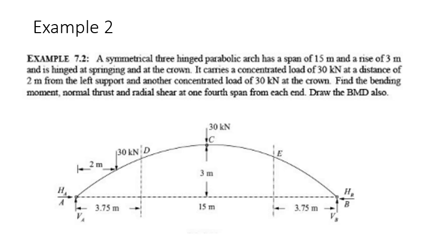Find the bending moment, normal thrust and radial shear at 1/4 span from each end. Draw the bending moment diagram also. Remember, usually no diagram will be given. You have to draw the diagrams. So read the question carefully.